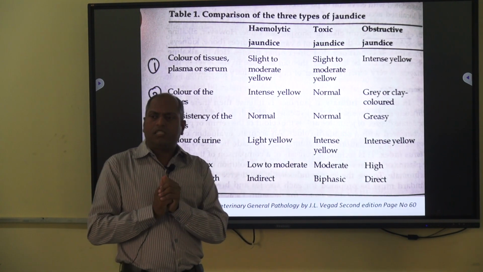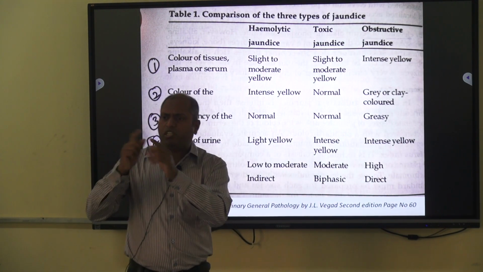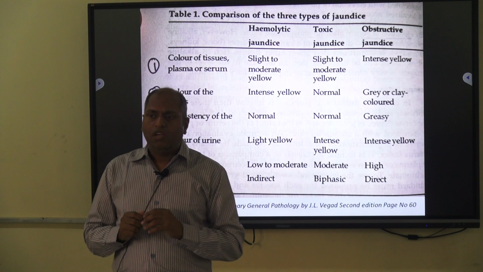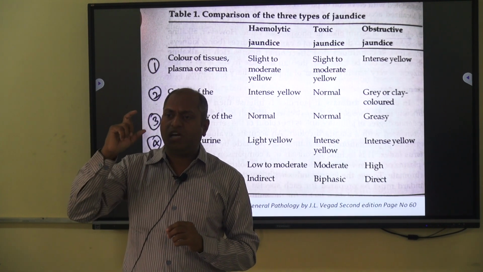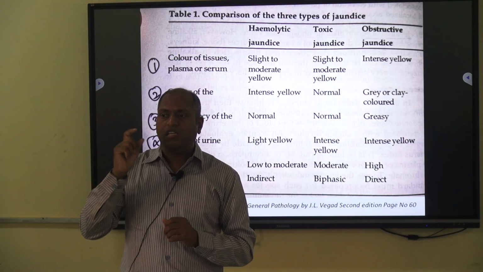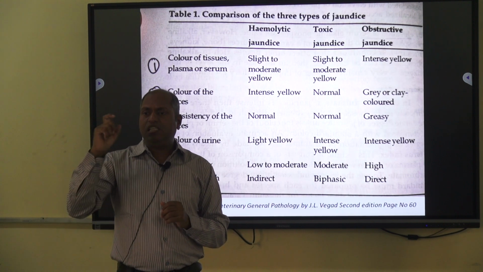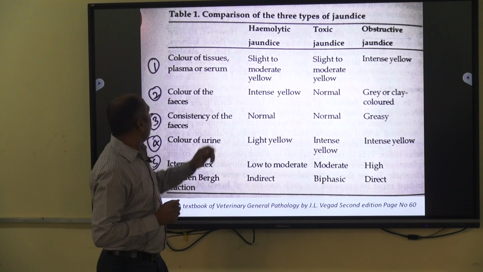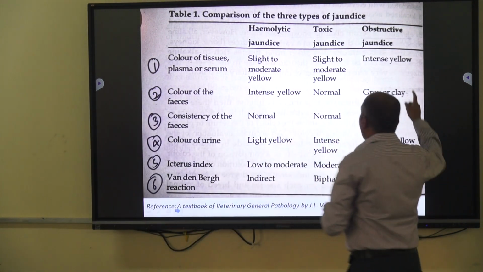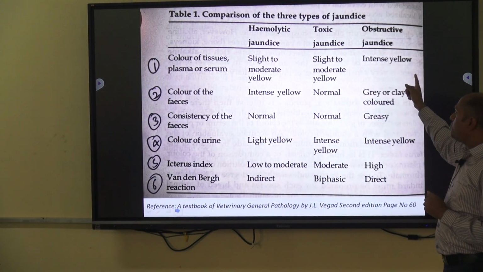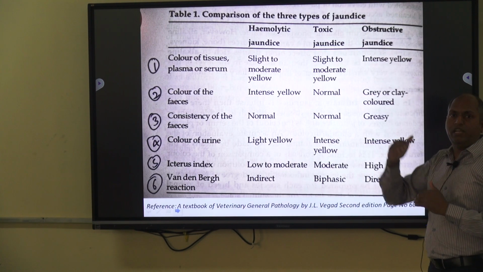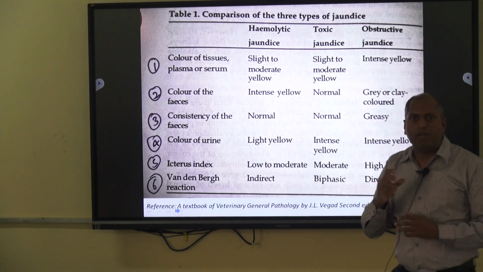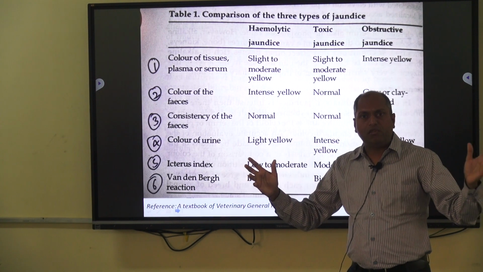So if somebody asks in which type of jaundice, out of the three, you get the highest yellow discoloration of skin and sclera, or the highest yellow color in the urine, what will your answer be? Your answer will be obstructive jaundice, because in obstructive jaundice soluble conjugated bilirubin increases in the blood, which is a soluble compound with wide distribution.